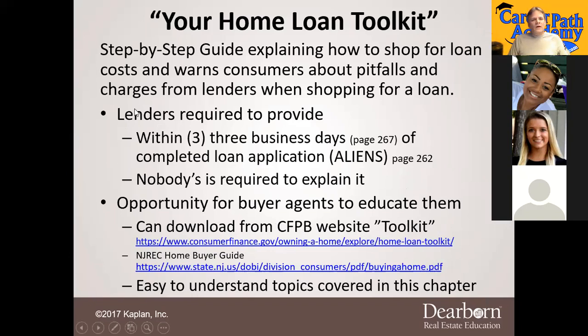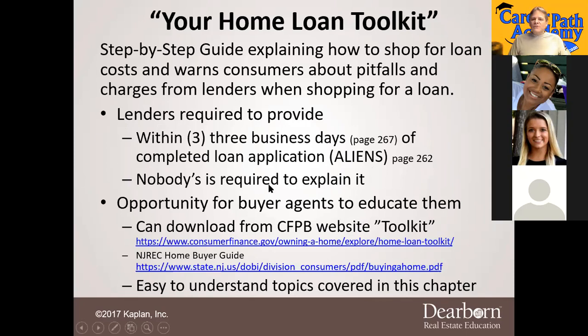All right, so the step-by-step guide. Lenders are required to provide it within 3 business days of their completed loan application, or ALIENS. What is ALIENS? It's an acronym to know when the loan application is complete. Yes, that's a real thing.